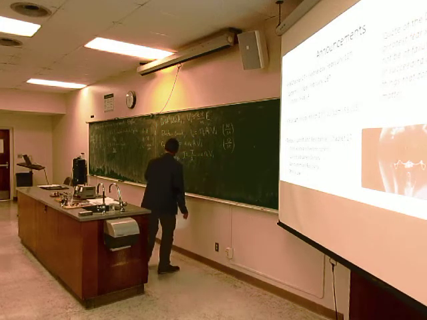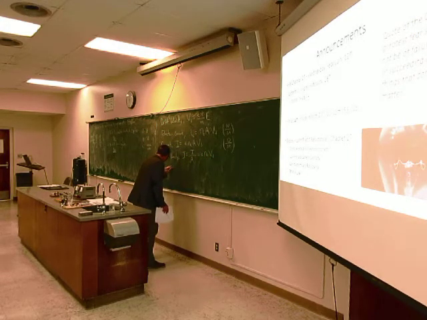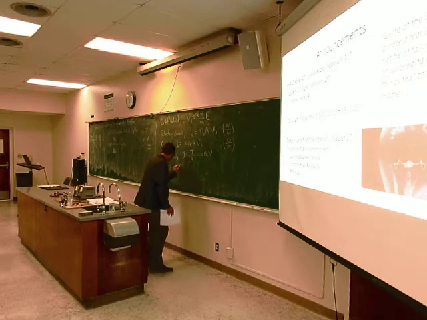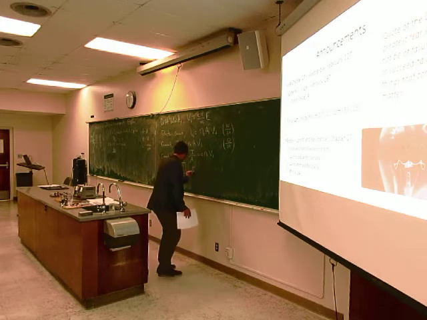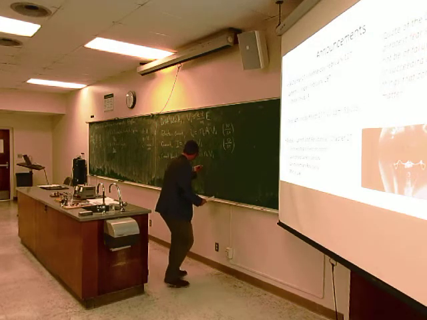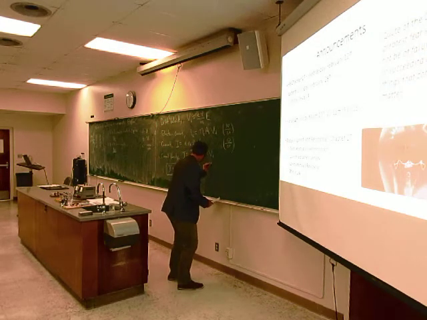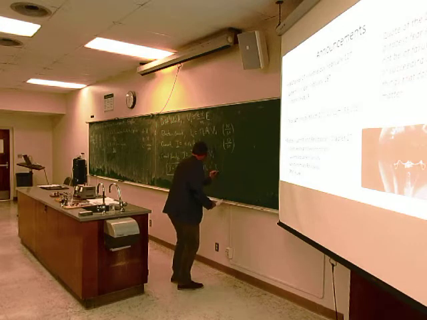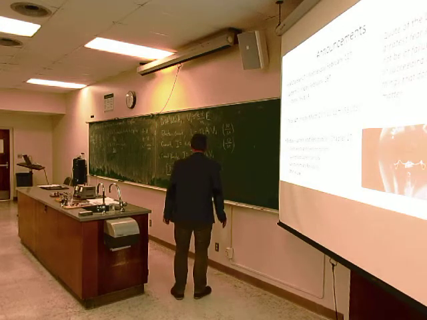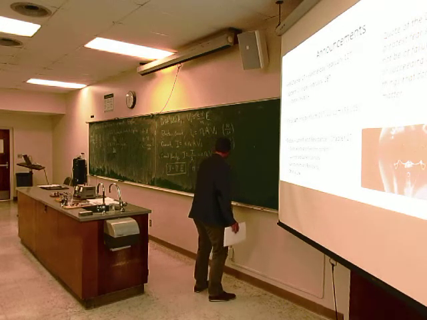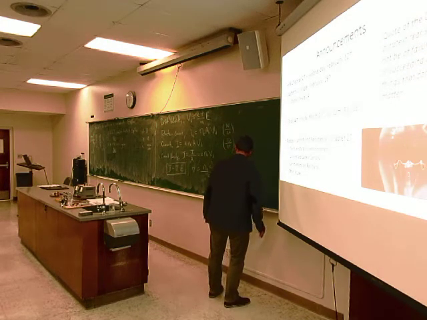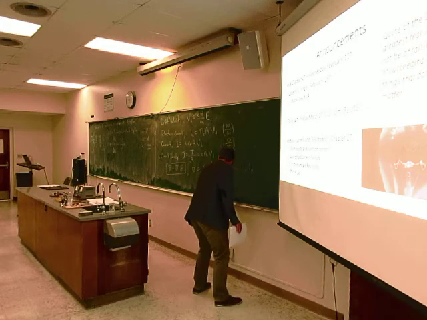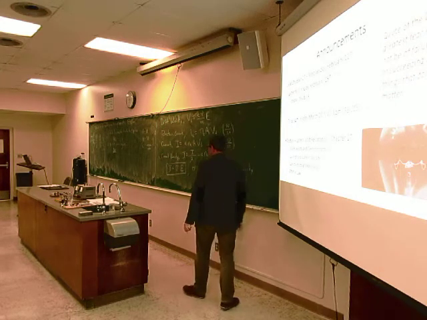We wrote this last class as J equals sigma times E, where sigma is n_e e squared tau over m. This is called the conductivity, with units of ohms to the minus 1, meters to the minus 1.